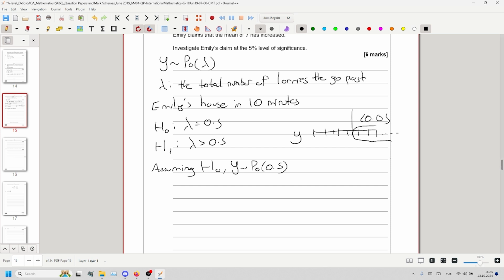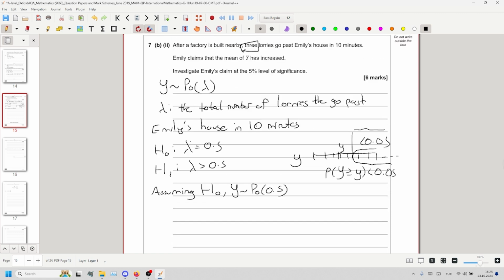If the probability that our test statistic is greater than or equal to our test value y is less than 0.05, that means it has landed in the critical region.